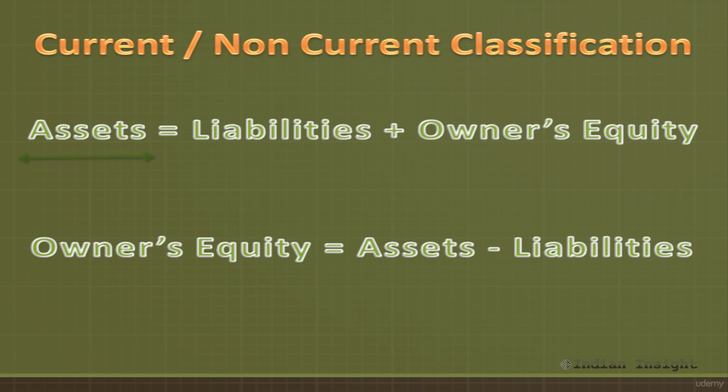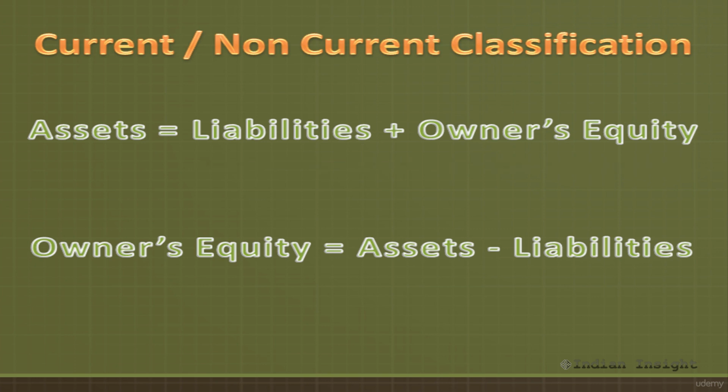Another way to see this is that the left side of the equation reflects the resources controlled by the company, which are known as the assets, while the right side of the equation reflects how those resources were financed. So essentially all these assets were either bought by utilizing the funds from owner's equity or liabilities, or maybe partially both of them.